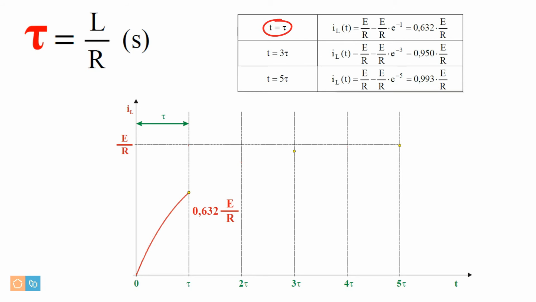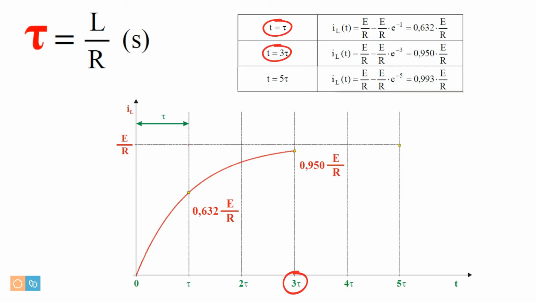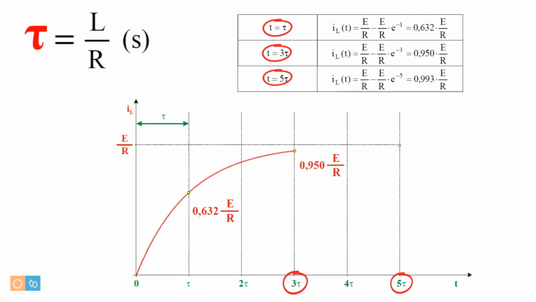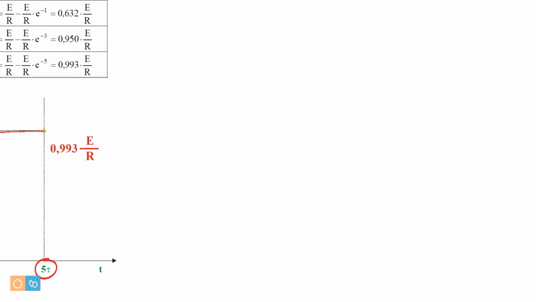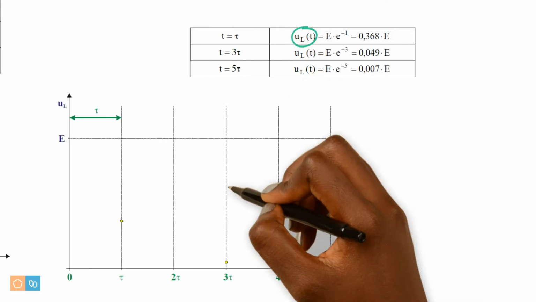After 3 times tau, the current in the inductor reaches 95% of E divided by R, and after 5 times tau, it reaches 99.3% of E divided by R. On the other hand, the voltage UL across the inductor behaves in the following way.